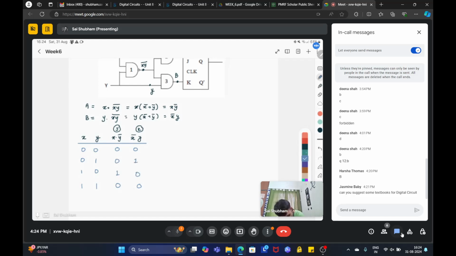Similarly this will be 1 and 0. So in jk, when these two are 0, this is memory condition, this is also memory condition. And this is for q equal to 0, this is for q equal to 1. Now you can see that for these inputs, you can say that x is s and y is r, so they follow the pattern of SR flip flop.